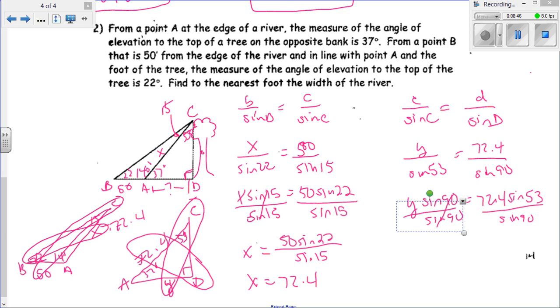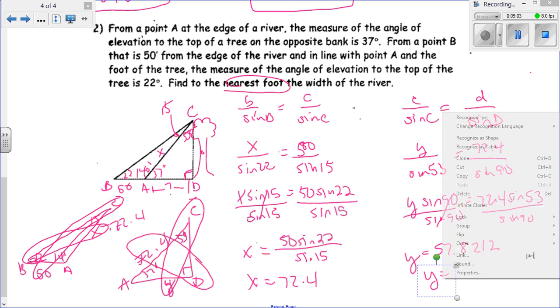So I type that into my calculator just as I see it there. And I'll get Y equals 57.8212. And to the nearest foot would be 58 feet.